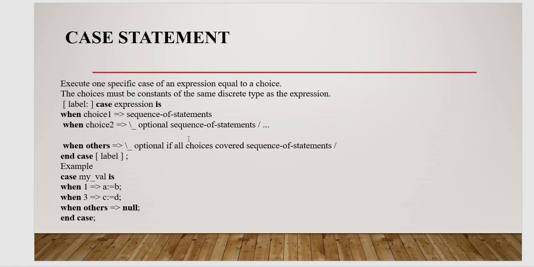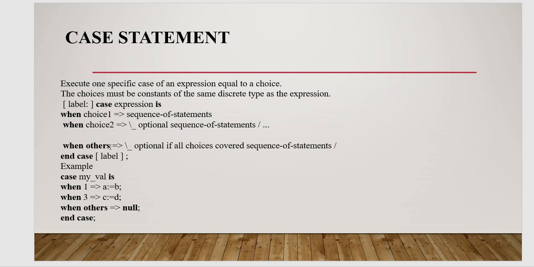Then there is the case statement, which is again very popular as far as sequential statements are concerned. The syntax is case, then the expression, is, and then when a first choice, then a sequence of statements, then when a second choice, a sequence of statements, and lastly when others.